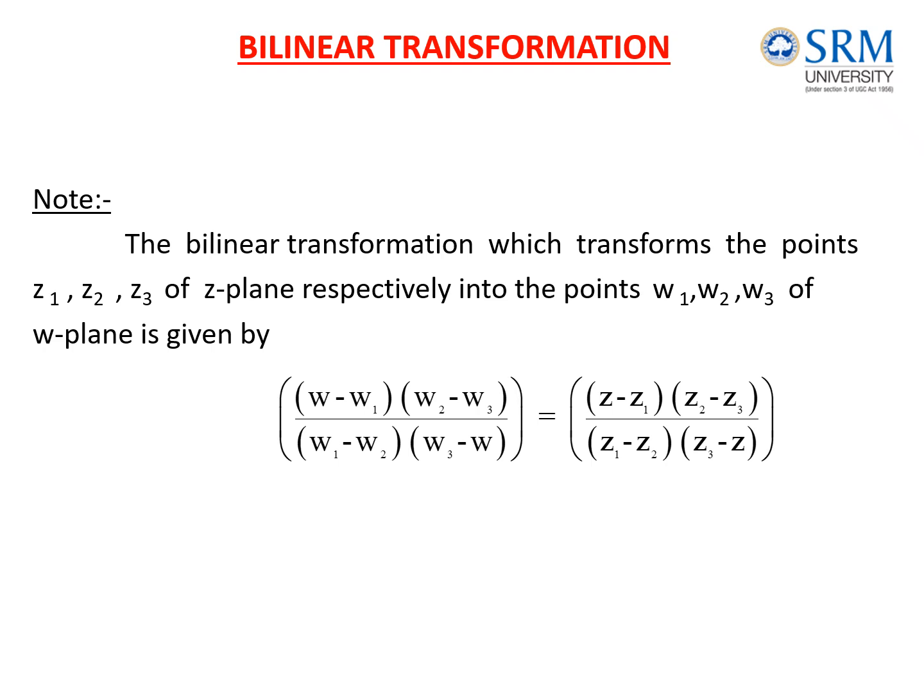Whatever you have written in terms of w on the left hand side, similarly we write on the right hand side in terms of z: (z minus z1) into (z2 minus z3) divided by (z1 minus z2) into (z3 minus z). For doing examples with 3 points, this note will be useful.